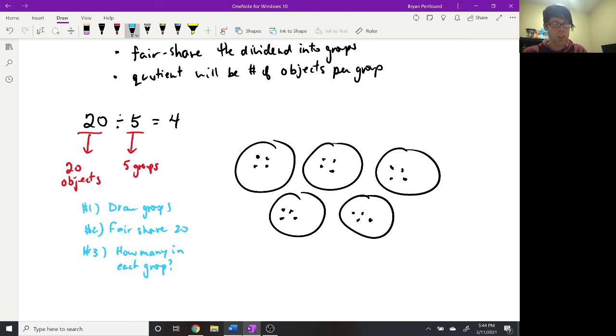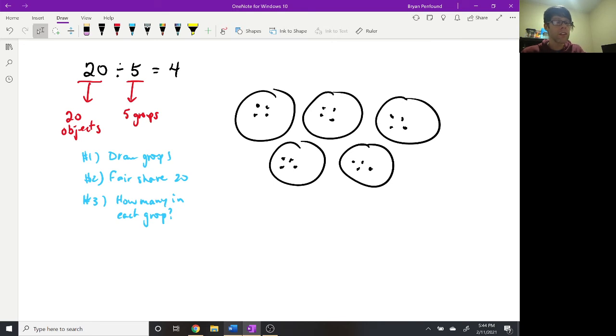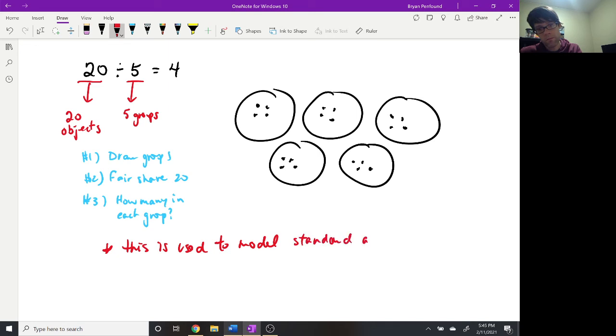This is what we used when we worked on the standard algorithm for division, so this is used to model the standard algorithm. So that's known as the partitive model.